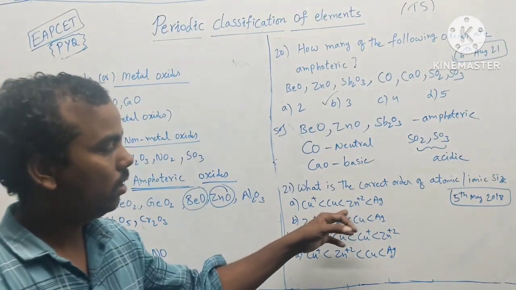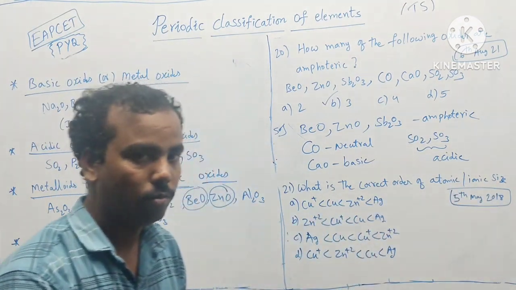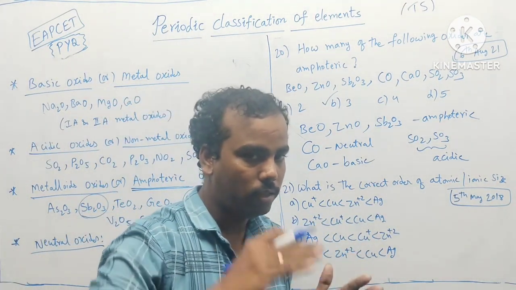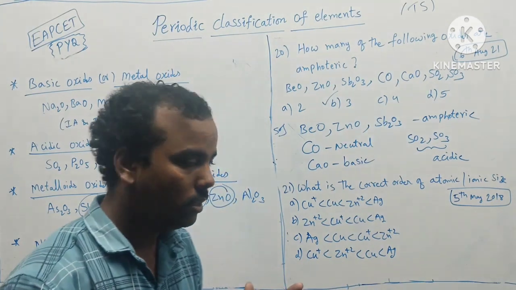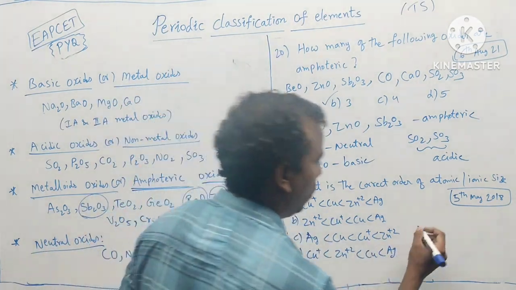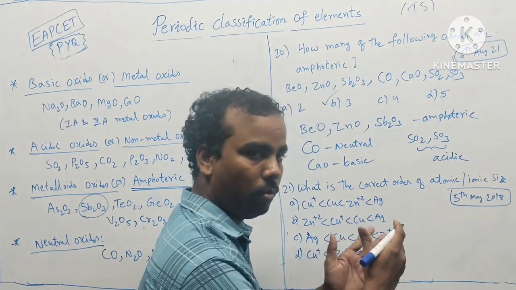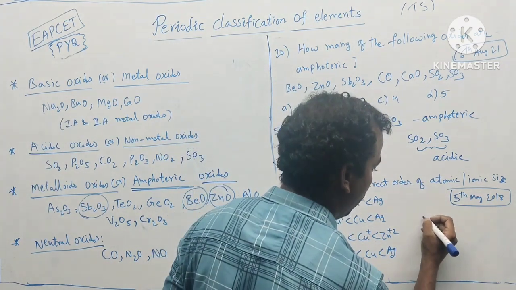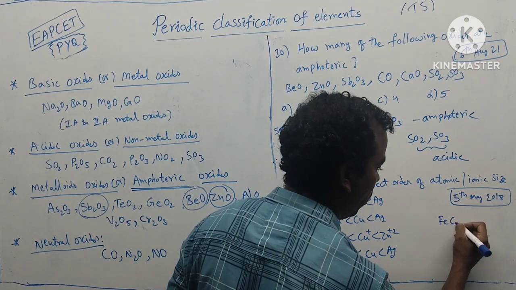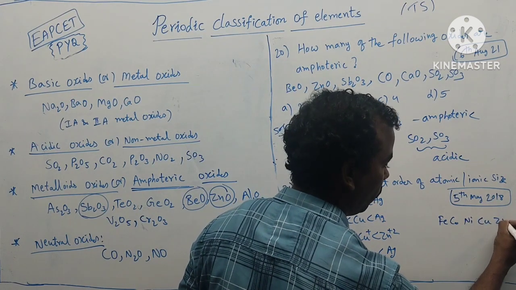So next, what is the correct order of atomic or ionic size? We know that left to right size decreases. So here, in the fourth period, the d-block elements are scandium, titanium, vanadium, chromium, manganese, iron, cobalt, nickel, copper, zinc.